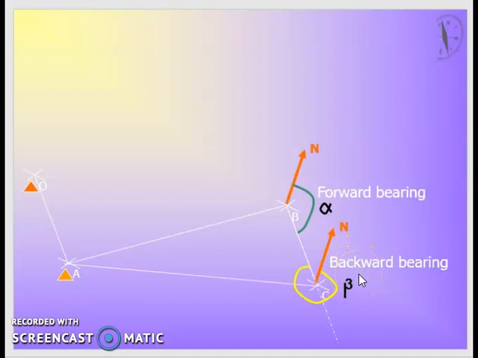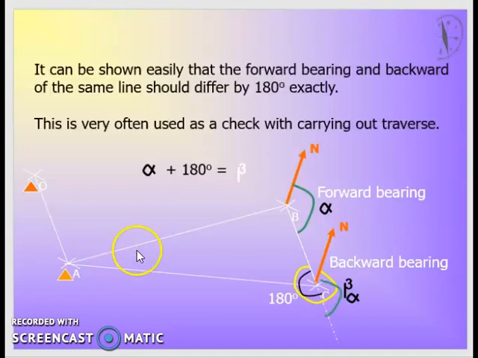So to summarize, when you're talking about the forward bearing or the backward bearing of the line, you need to be very careful on where you are placing the north, whether it is at the starting point or at the ending point of the line. It can be shown that the forward bearing and the backward bearing of the same line will differ by 180 degrees exactly. This is very often used as a check.